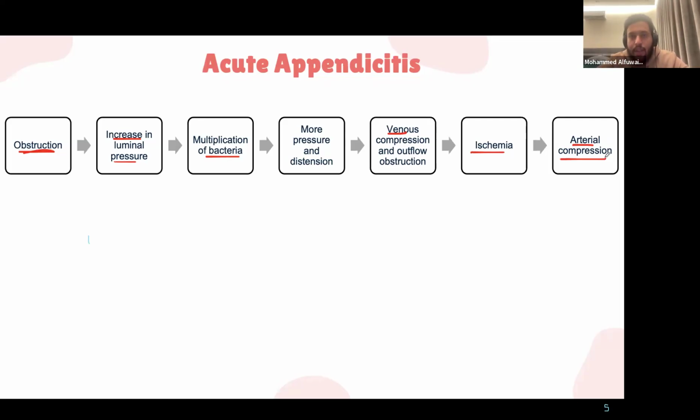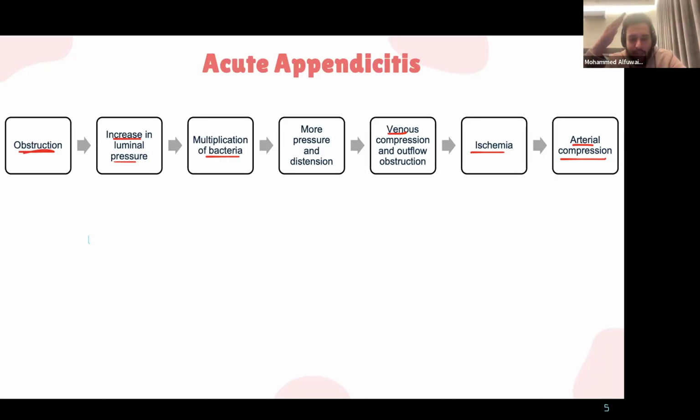The periumbilical pain is due to referred pain. And then it moves to the right lower quadrant. So that's the pain of appendicitis. This is a very key sign that we usually see. They can present with nausea, vomiting, fever, and so on.